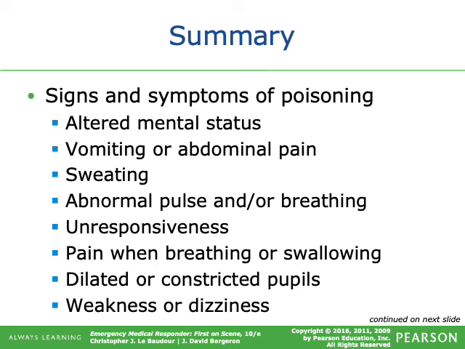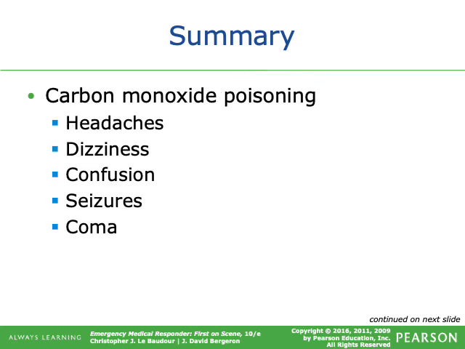Signs and symptoms of poisoning include altered mental status, vomiting or abdominal pain, sweating, abnormal pulse and or breathing, unresponsiveness, pain when breathing or swallowing, dilated or constricted pupils, weakness or dizziness.